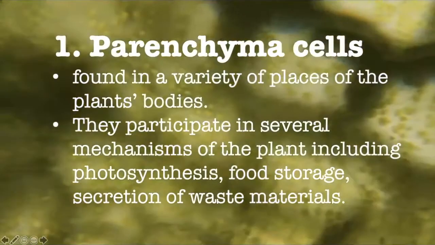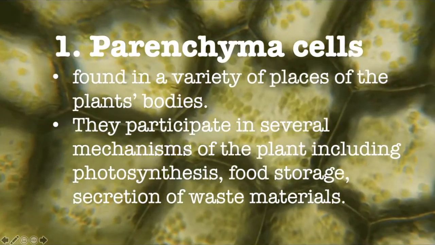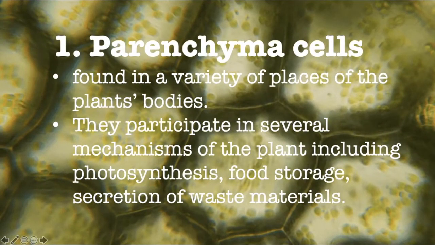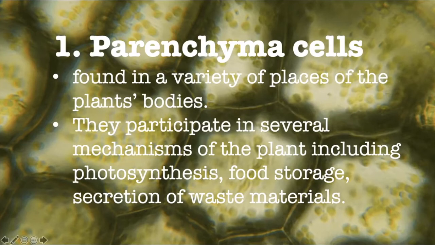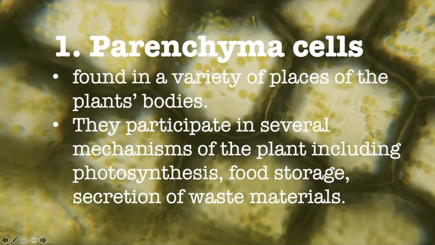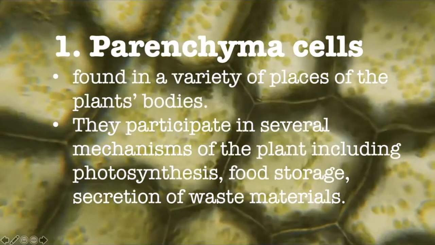They participate in several mechanisms of the plant, including photosynthesis, food storage, and secretion of waste materials. The experimental observation indicated that they appear green, just like what you see on the background of the slide.